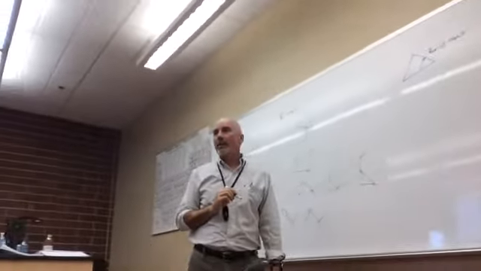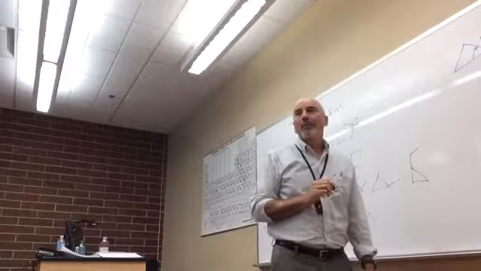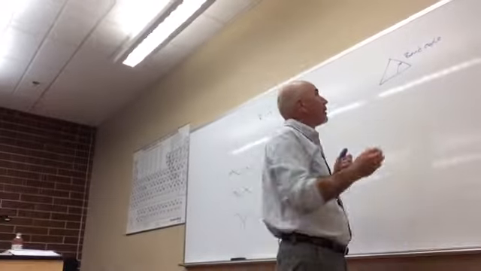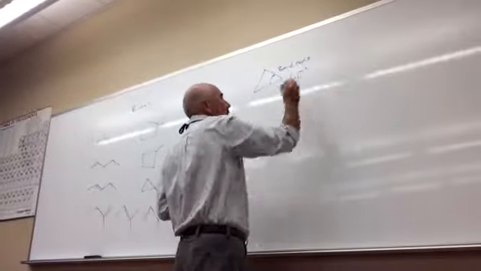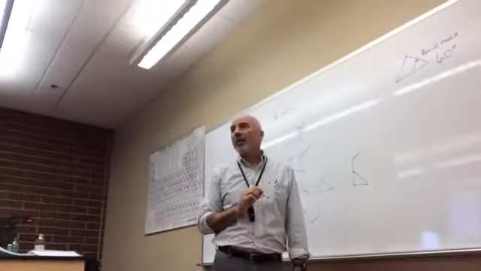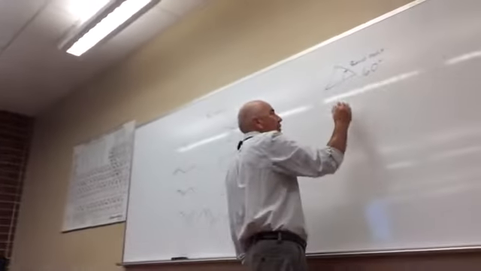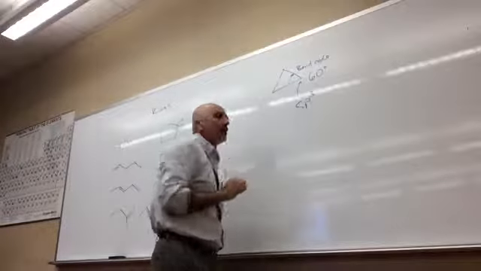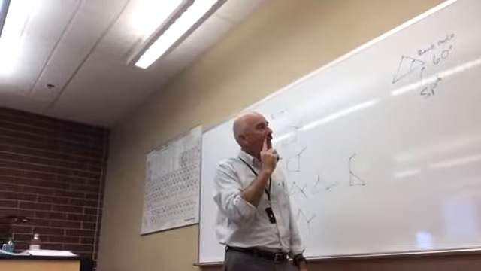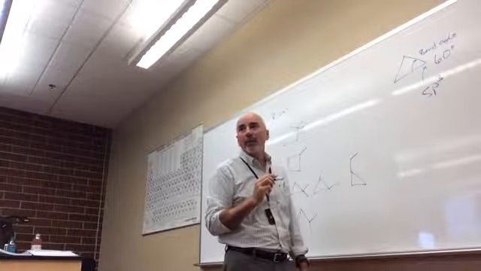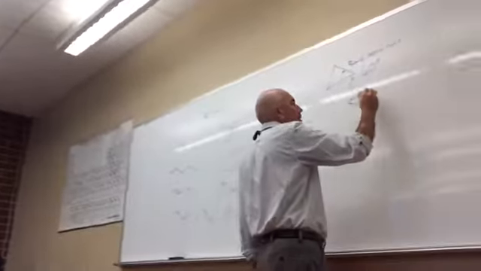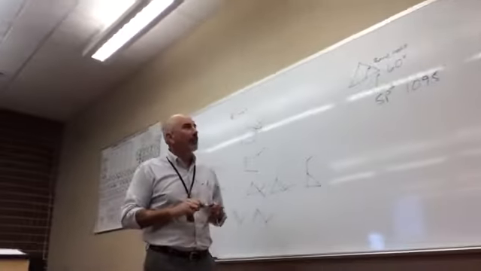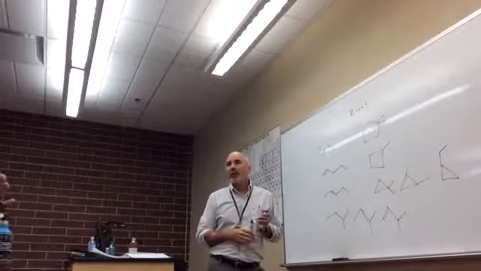In a triangle, it's 60 degrees. And what is the hybridization of this carbon? sp3. And what bond angle does an sp3 want? 109.5. So there's a big difference between 60 degrees and 109.5.